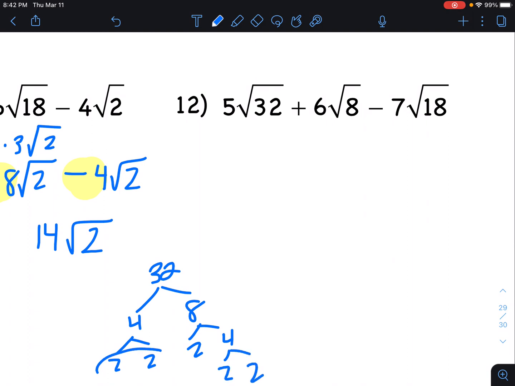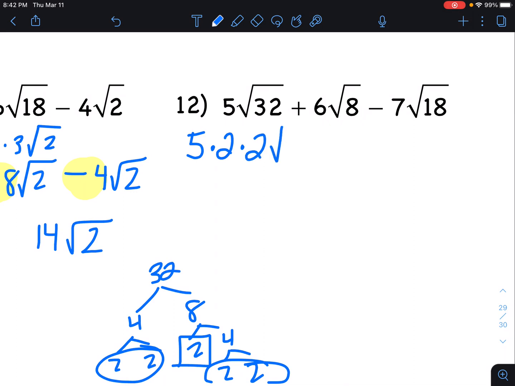So we have a pair and another pair, and this guy will get stuck in the radical. So 5 times a 2 and another 2, and that 2 gets stuck in the radical. So 5 times 2 times 2, that's 10 times 2 is 20 root 2. Again, I need to see this work shown on your quiz to receive credit.